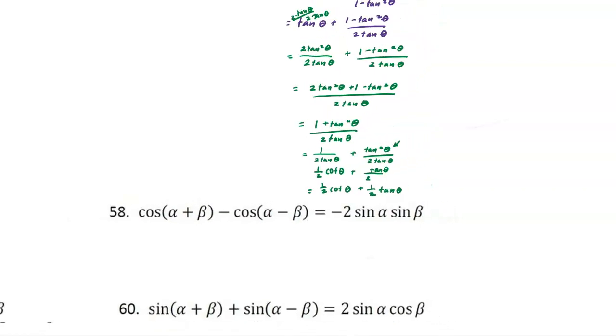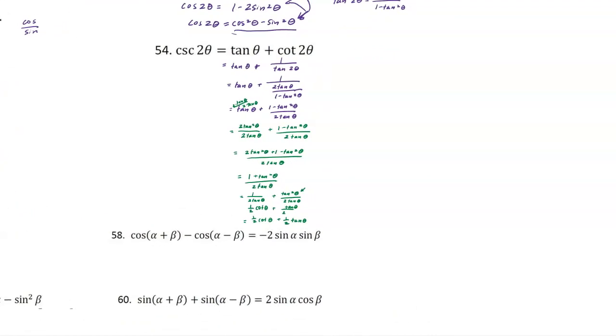So we have a 1/2 and a 1/2 on both sides. I'm writing this too small. So we have a 1/2, equals, take out a 1/2. So we have a cotangent theta plus a tangent theta.